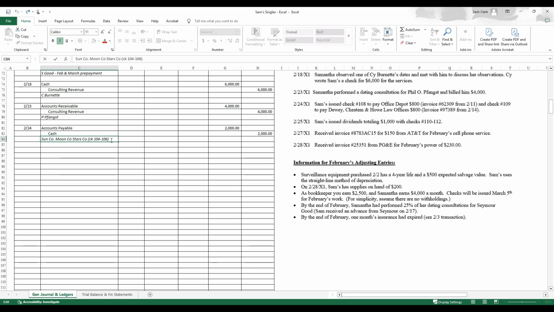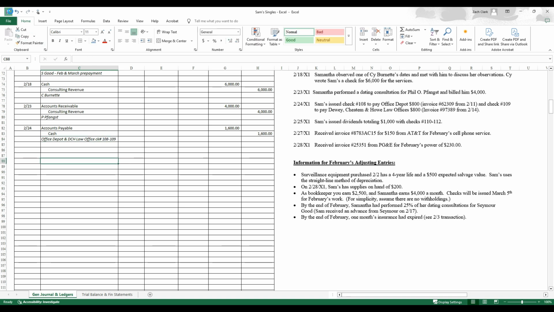Same accounts, and we're paying 800 plus 800, and this is for Office Depot and DCH Law Office, and we'll say check number 108 to 109. Great.